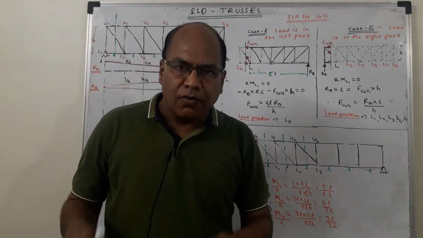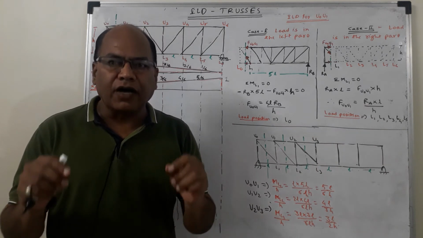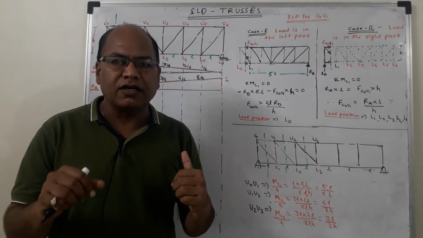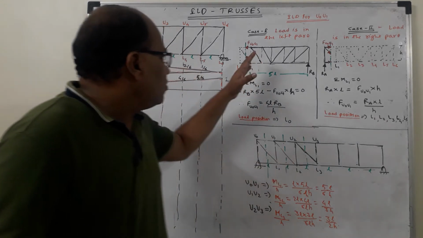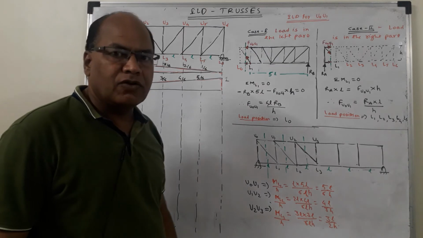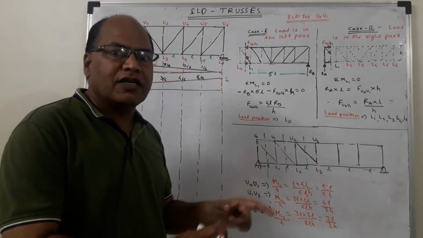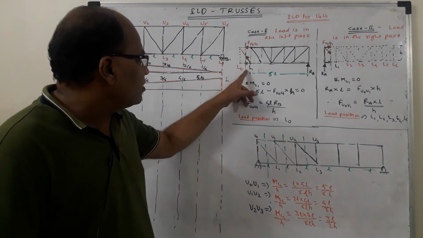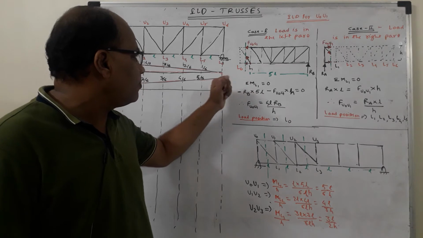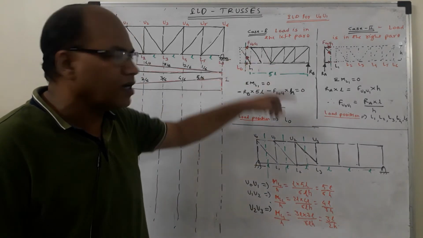Again, when the load is in the left part, get the value of the force in the considered member from the right part. Remember it well. So when the load is assumed in the left part, don't go with the left part, consider the right part, and from this right part you will have to get the force in the member. So when the load is in the left part, I will be getting the value of the force in this member from the right part.